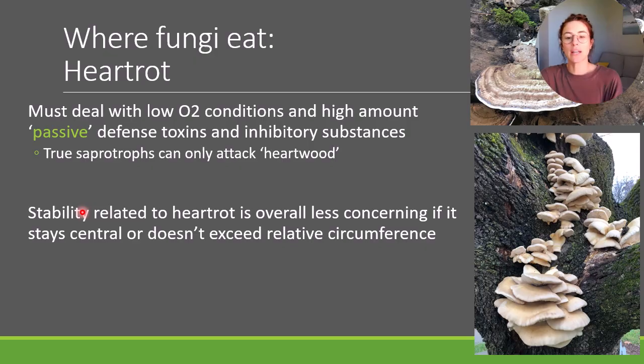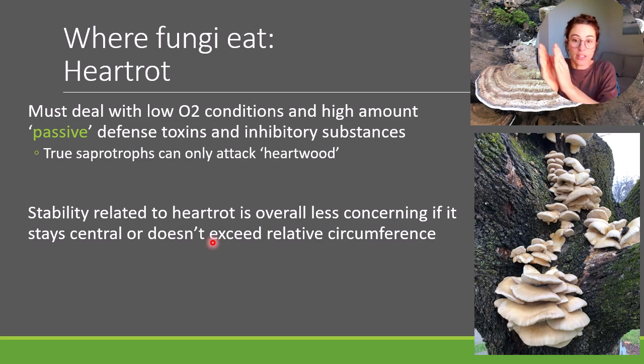Now, stability overall related to a heart rot is less concerning, especially if it stays central. A centrally hollowed out structure that doesn't breach a certain diameter is actually quite stable. The issue is when that internal hollow exceeds a certain diameter or circumference in relation to the diameter or circumference of the tree, or if it becomes offset.